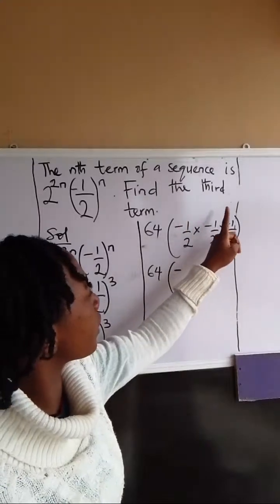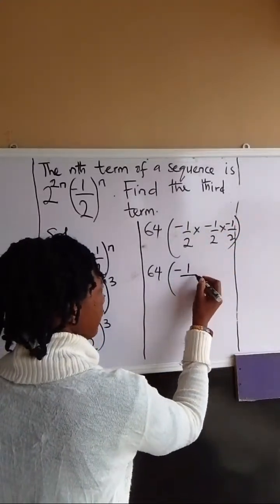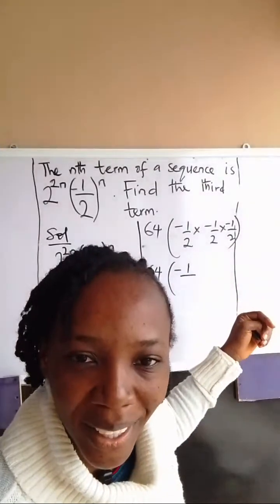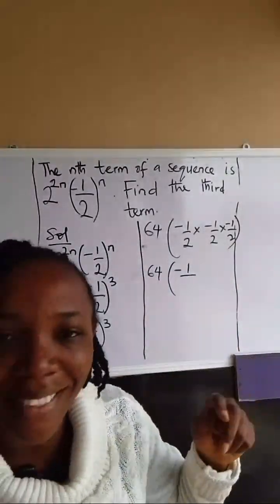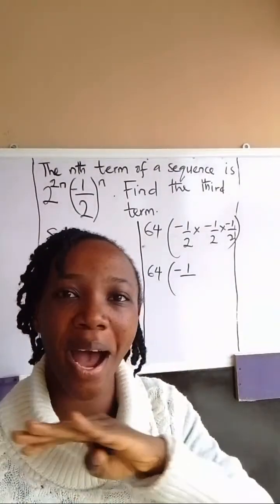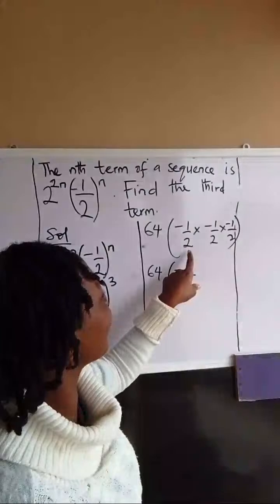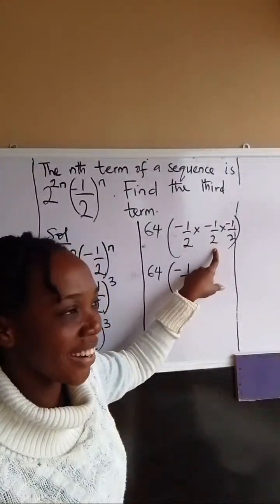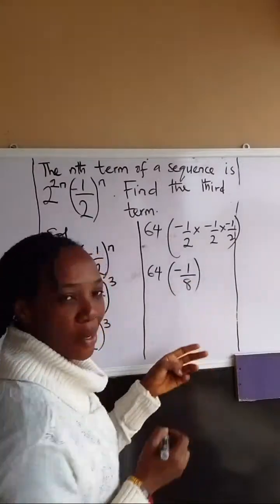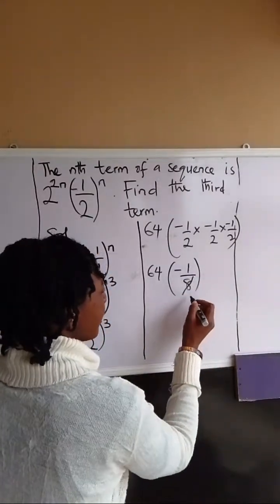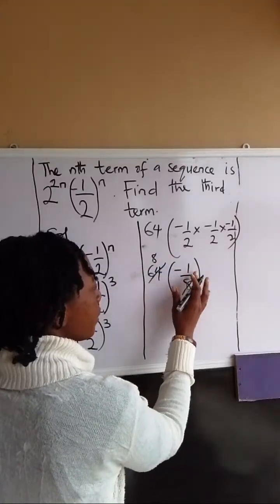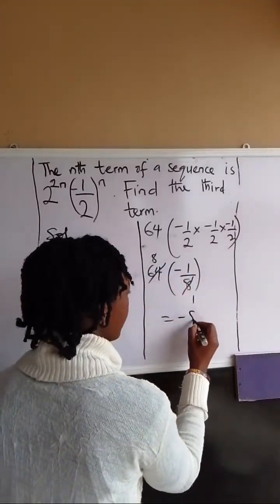Now 1 times 1 times 1 is still 1. 2 times 2 is 4, and 4 times 2 is 8. So 8 into 8 is 1, and 8 into 64 is 8. So 8 multiplied by minus 1 will give us minus 8.